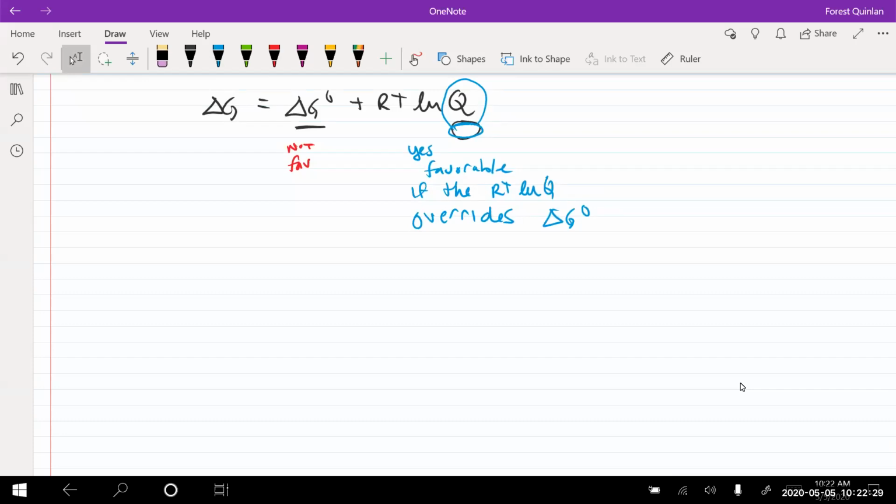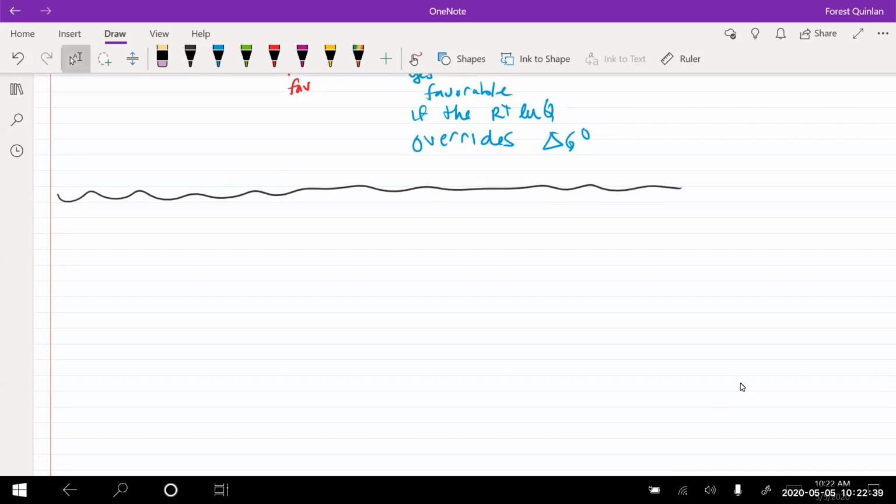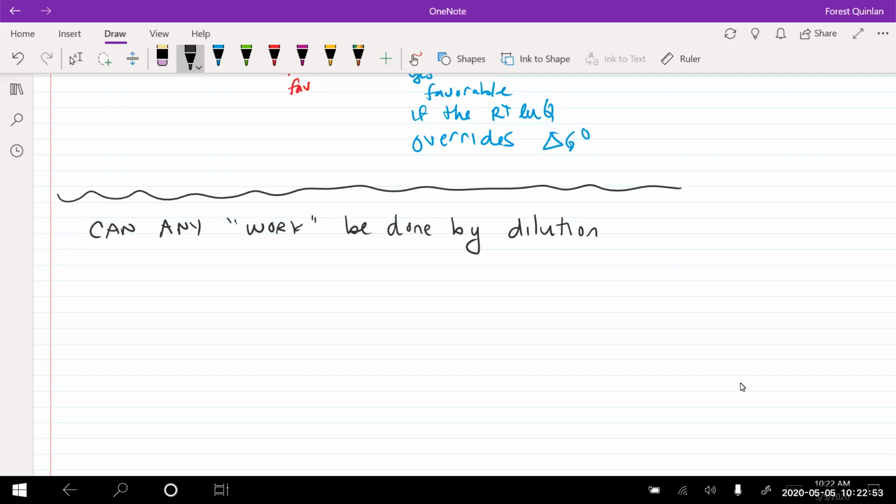So I have something perhaps in that same vein for you, Dallas. Can any work be done by dilution? So you're going to take something concentrated and dilute it down. Can you actually get work out of that?